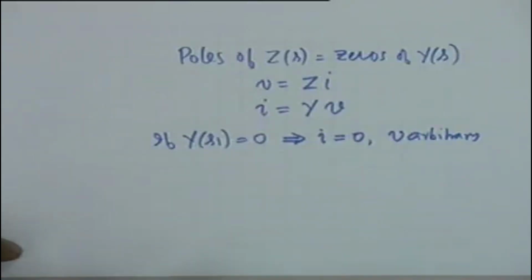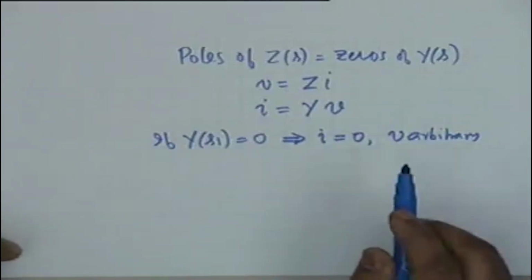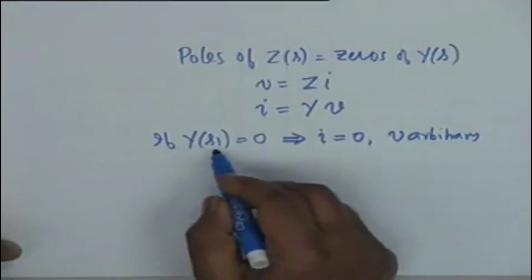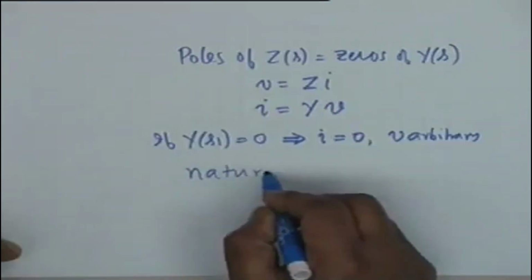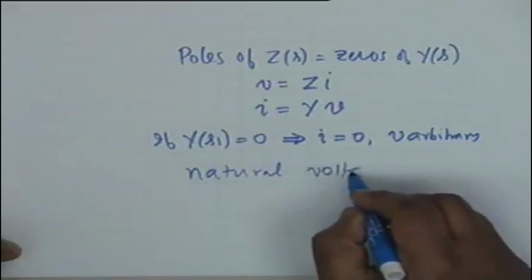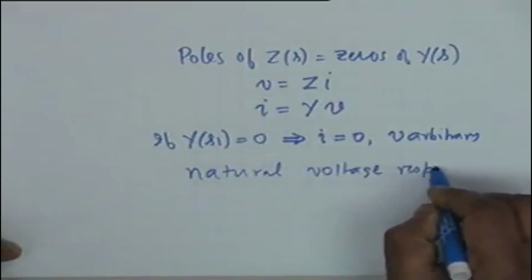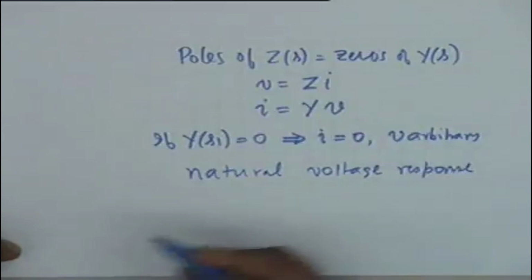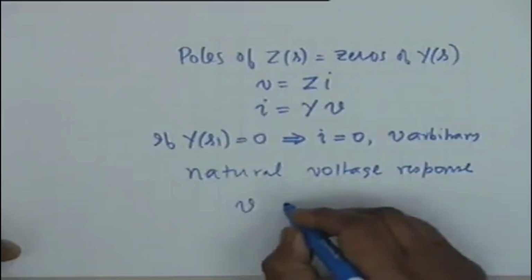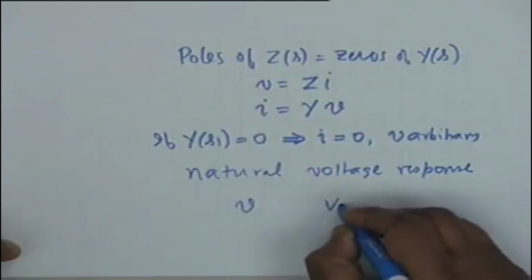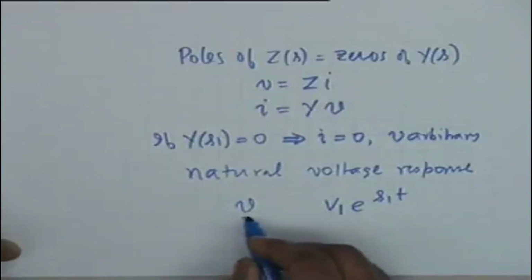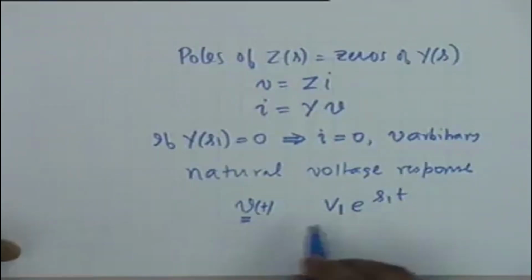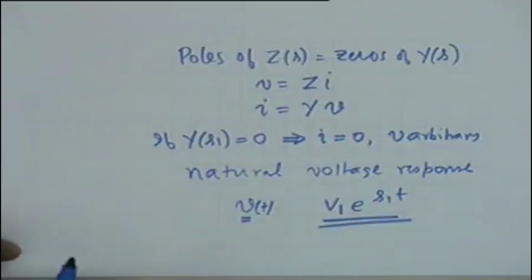So this value of S1 must be related to the natural voltage response of the circuit. In other words, the voltage response must have a component V1 e to the power S1t. The voltage response V of t must have this particular component.